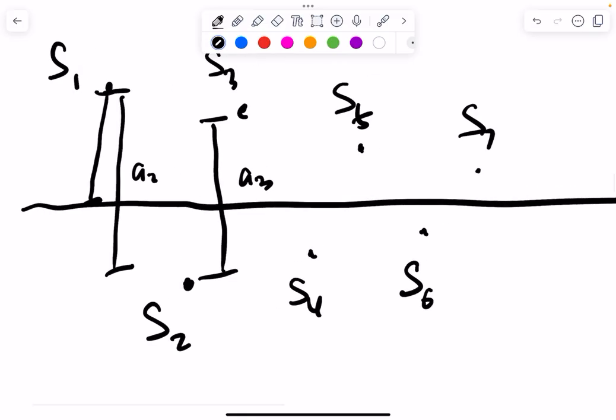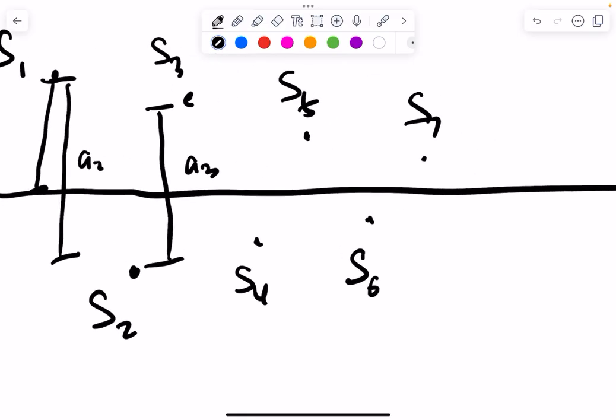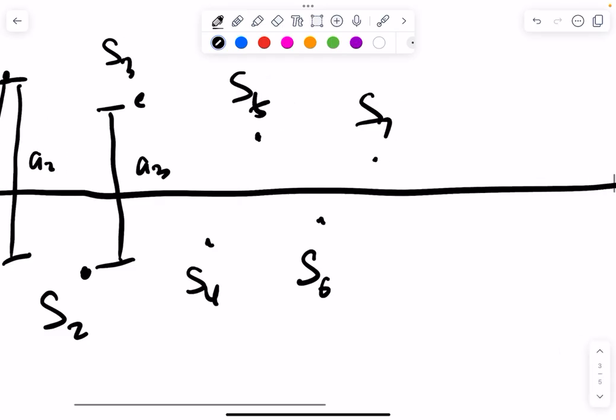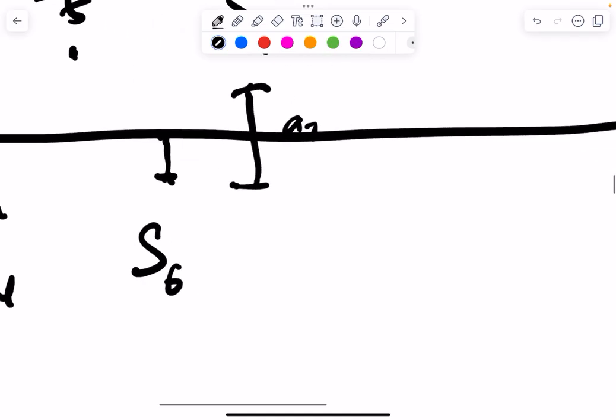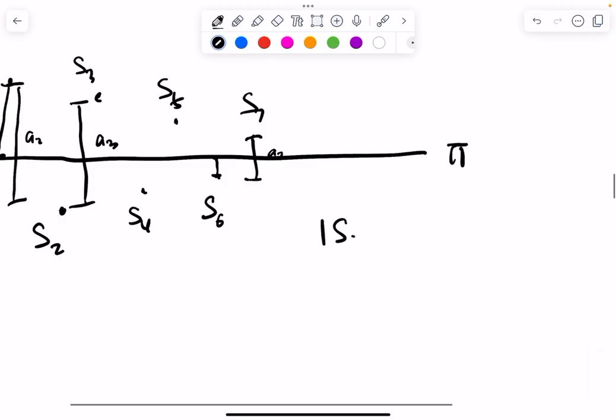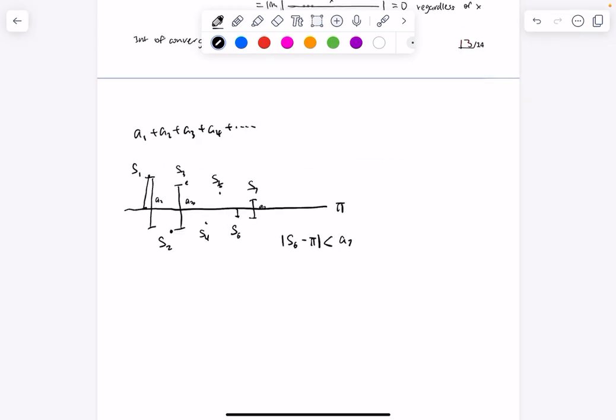And same idea for S2. The error between S2 and the actual value is certainly smaller than A3. And this applies for any S. Let's take a look at S6. This error is certainly smaller than A7. So S6 minus pi is certainly smaller than A7.